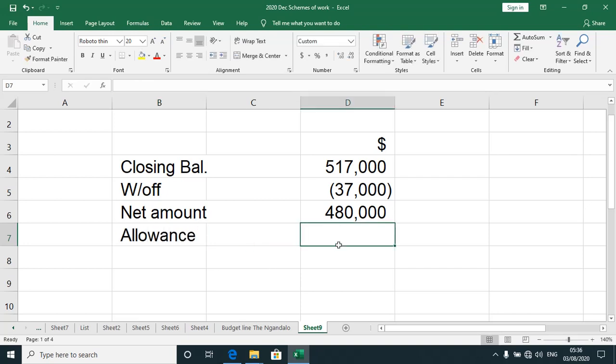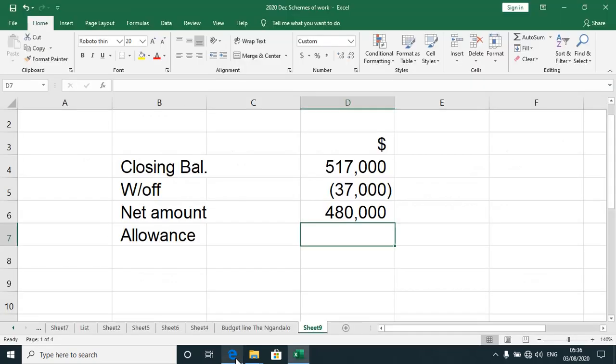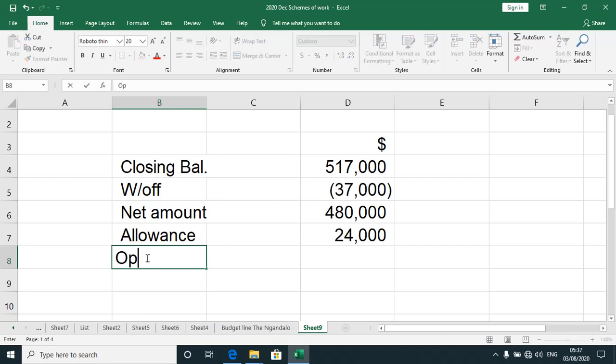Supposed to be 5%. I'm going to do some bit of work there. That's the closing allowance.